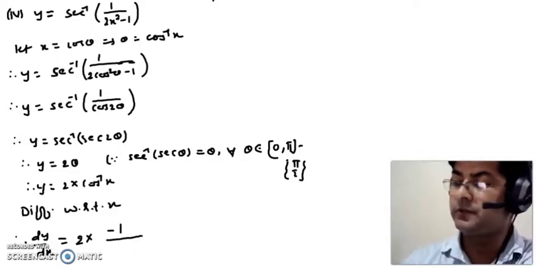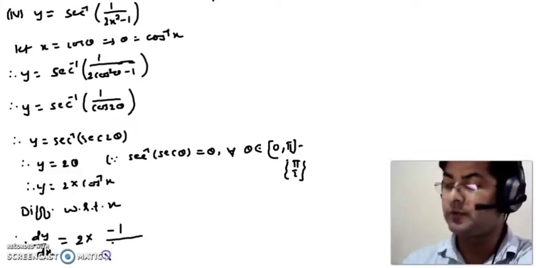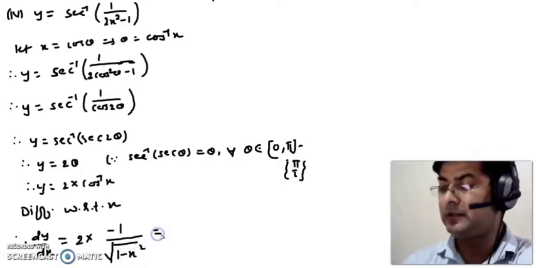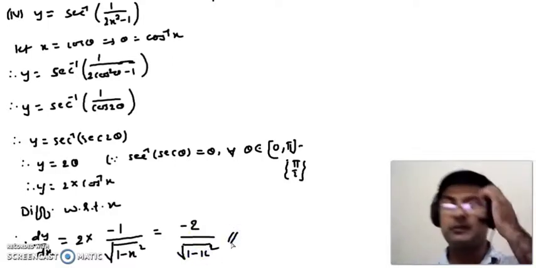What is the differentiation of cos inverse x? Minus 1 upon square root of 1 minus x square. So the final answer is minus 2 upon square root of 1 minus x square. Clear? This is the answer.